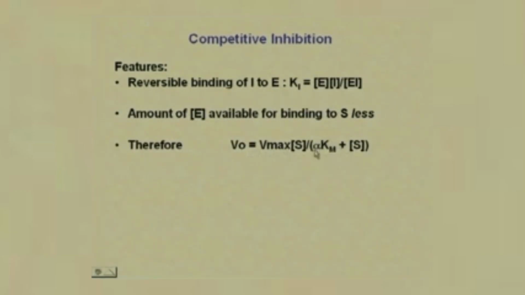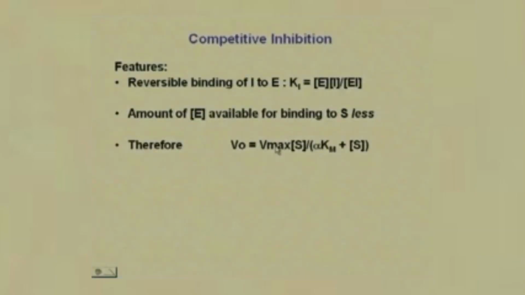The Km value has an alpha associated with it now. The Km you see is not Km anymore, it is alpha Km, because the Km is being modified, and we saw how it is being modified. The Vmax is the same. The Vmax does not change. Why? Because the total enzyme is the same.